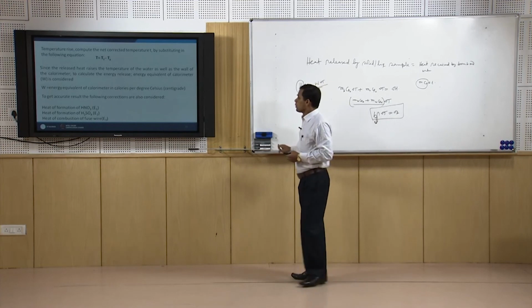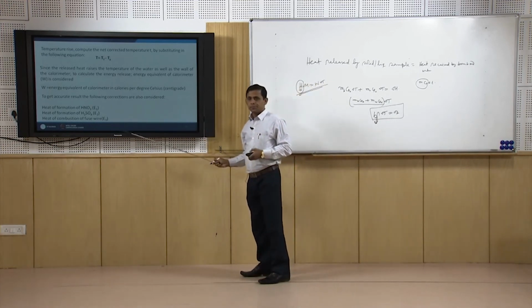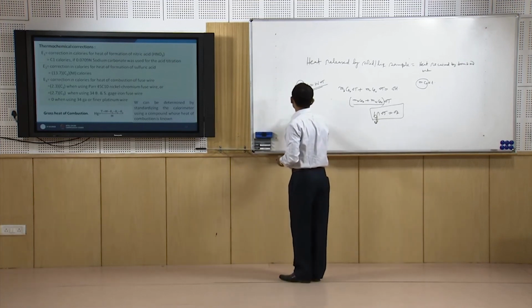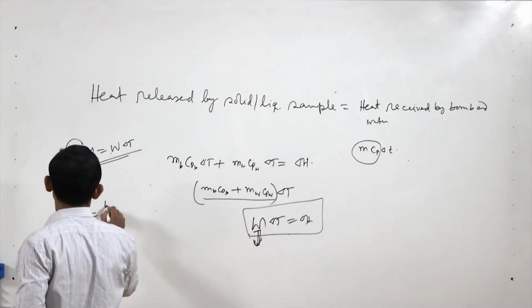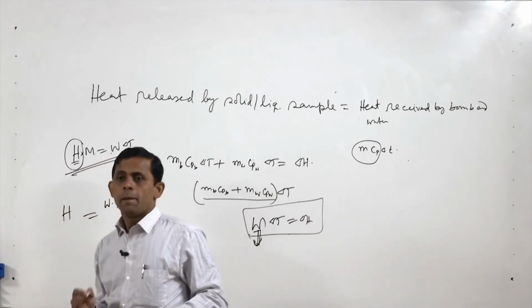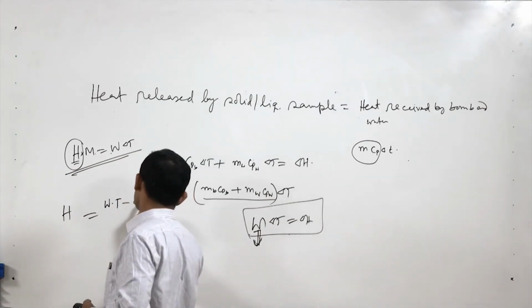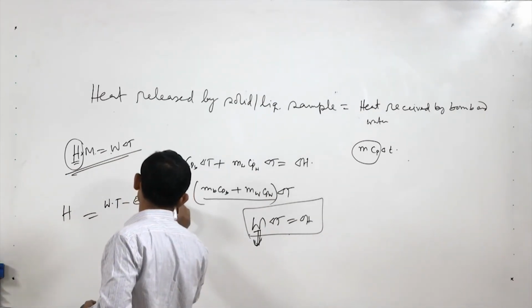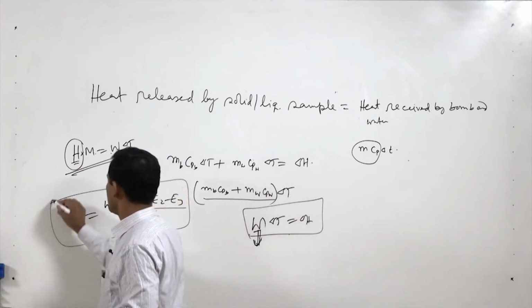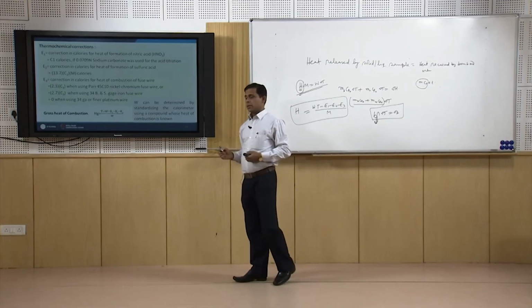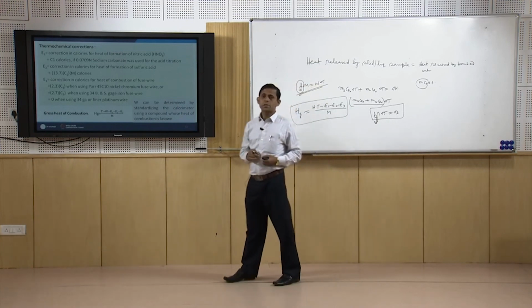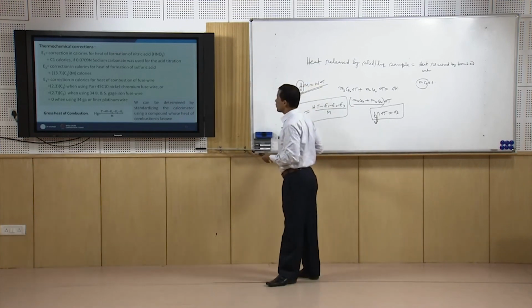So, we need to get the corrections E1, E2, E3. Ultimately we can calculate H equal to W into del T minus E1 minus E2 minus E3, divided by M. This is the relationship for determination of H, the higher heating value or gross heating value.